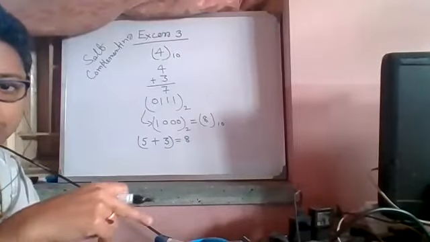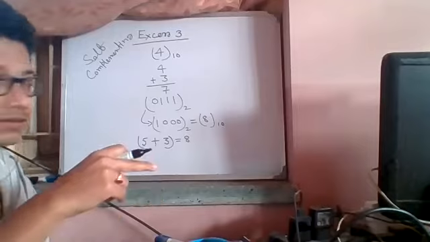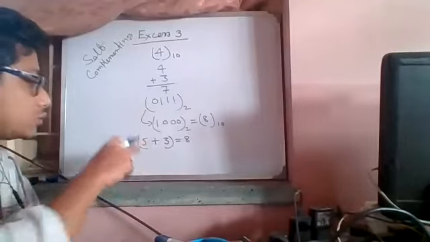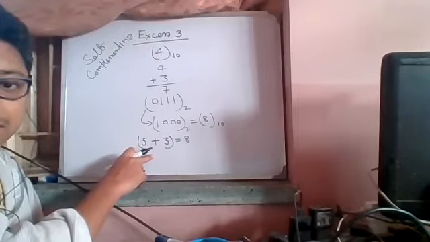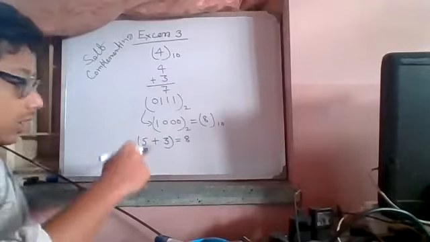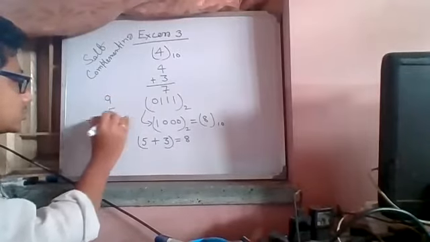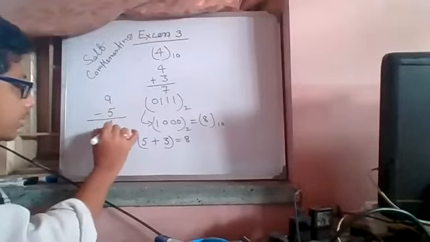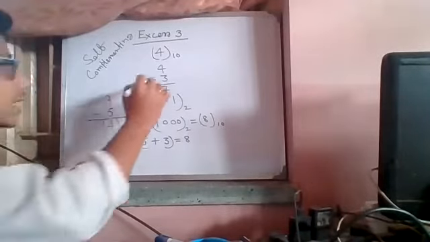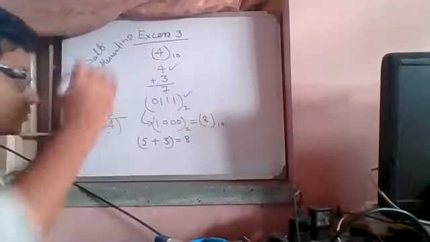Now, I have said that it is the 9's complement. So 5 is the 9's complement of 4. How? Because if I subtract 5 from 9, I will get 4 again. So I started from 4 and got its XS3 code.